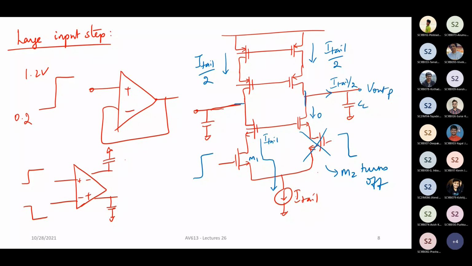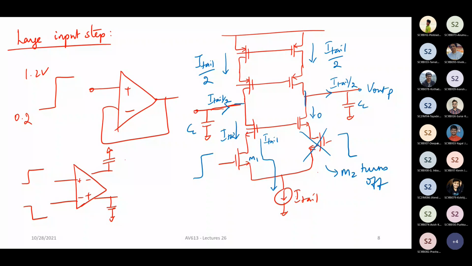Now let us look at this section. What is flowing here is I tail, and what is flowing from the top is I tail by 2, and therefore the current will have to flow like this from the capacitor, and its value will be I tail divided by 2. So from the current source you have I tail by 2, and from the capacitor you have half of I tail, such that the total current flowing through will be I tail here.